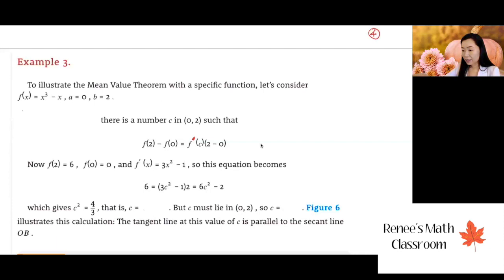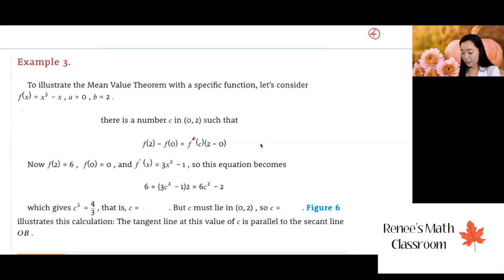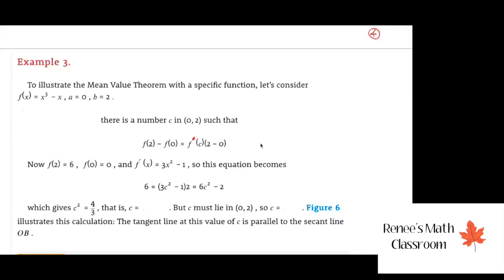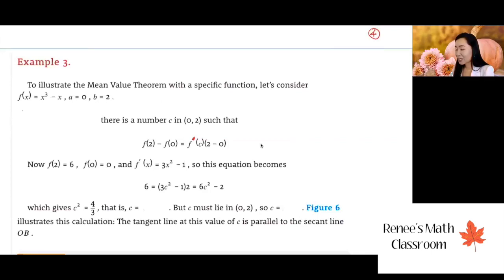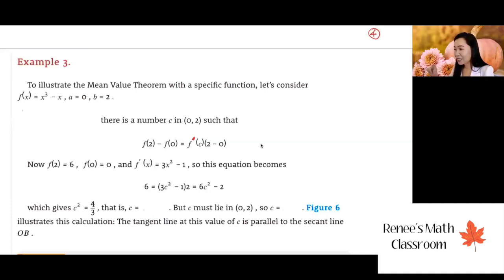So let's think about the mean value theorem. First of all, does this function satisfy the two hypotheses of the mean value theorem? What are the two hypotheses? There are two. Number one, the function has to be continuous on the closed interval, and at this time it will be 0 to 2. Number two, differentiable on the open interval 0 to 2, right?